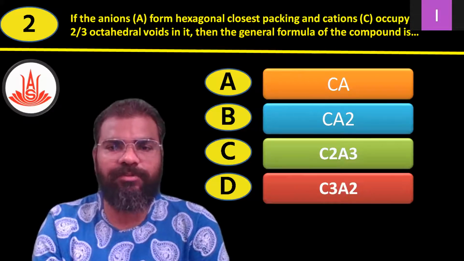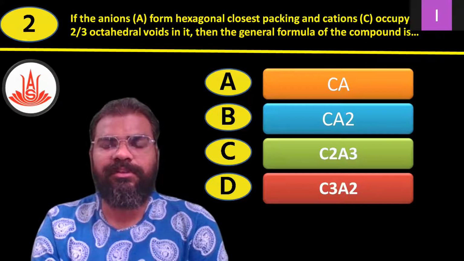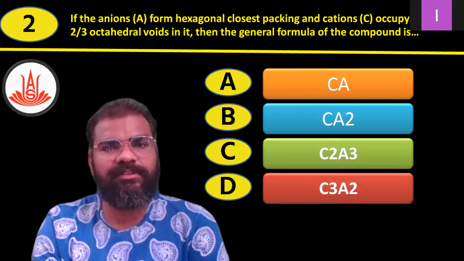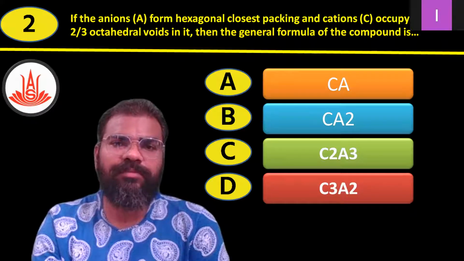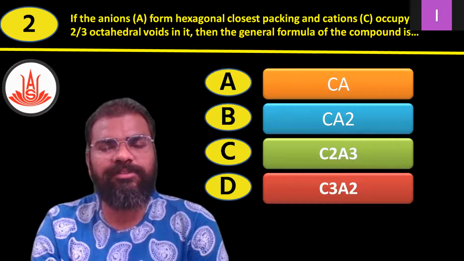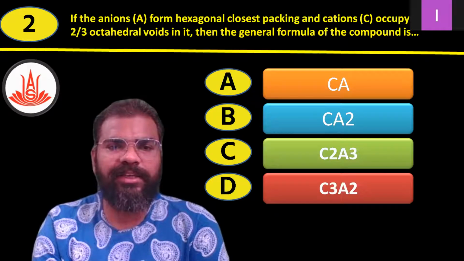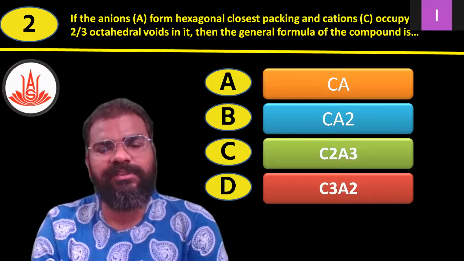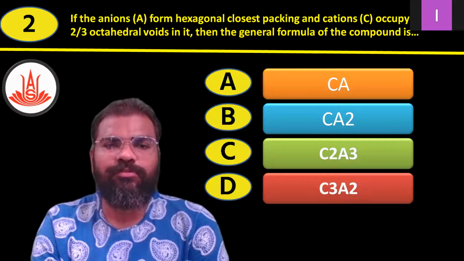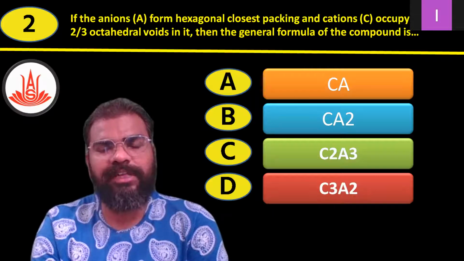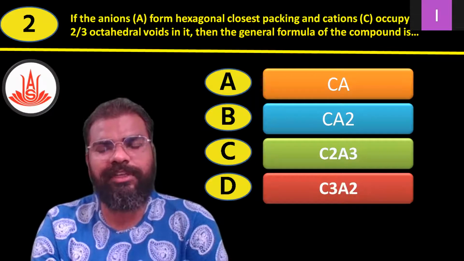Then the general formula of the compound is... once again the question is on the topic of finding the formula of the compound. So anion A is HCP structure and cation C only occupies 2 by third of its octahedral voids. And we have to give the formula of the compound.